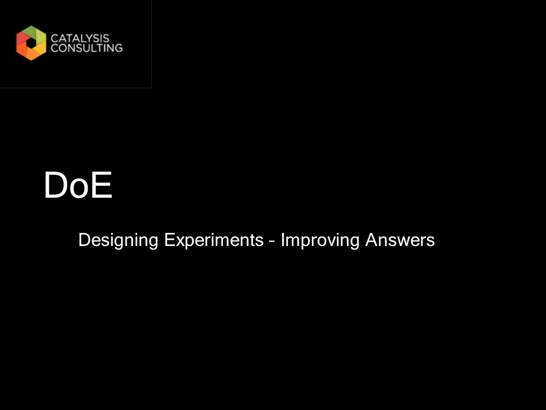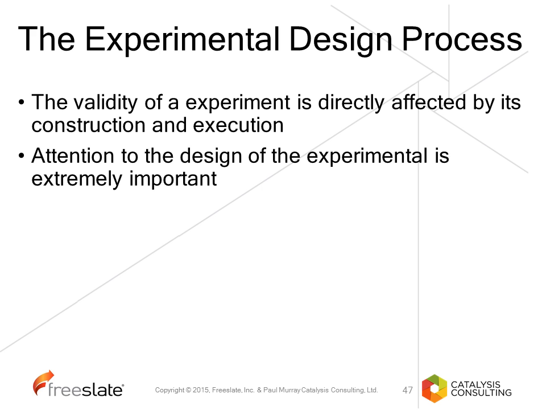The design of experiments will help us to improve the answers from our process, or from our chemistry. When you decide to go into experimental design, you have to be much more careful than when you carry out experiments one variable at a time. If you choose to spend a day in the lab and carry out an experiment, and you miss an important factor, and the result of that experiment is that you have no improvement over where you were the day before, you've lost one day.